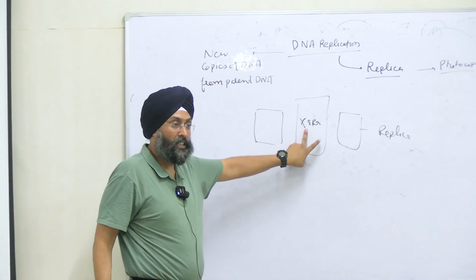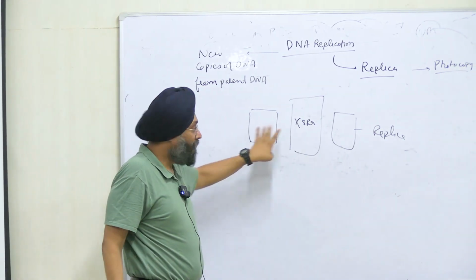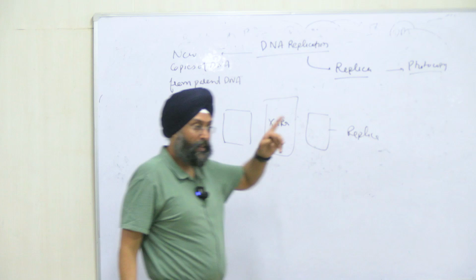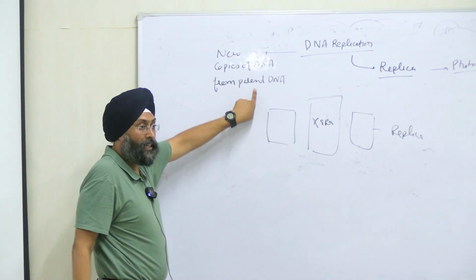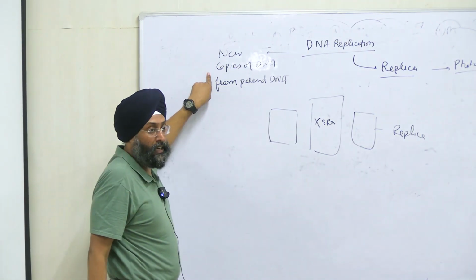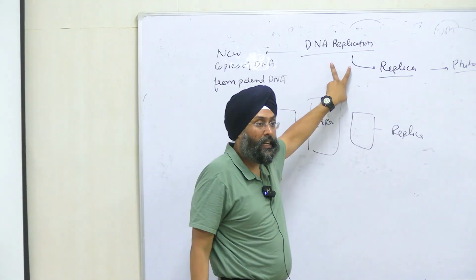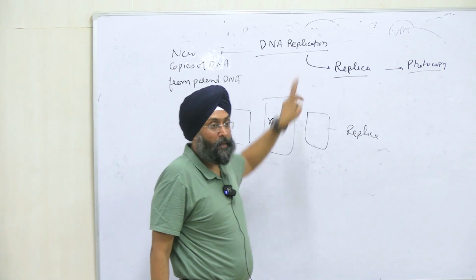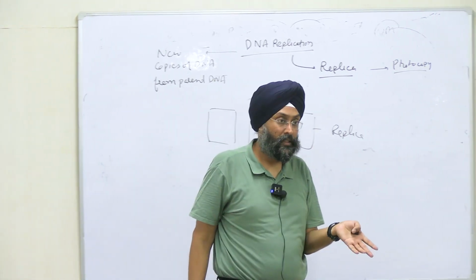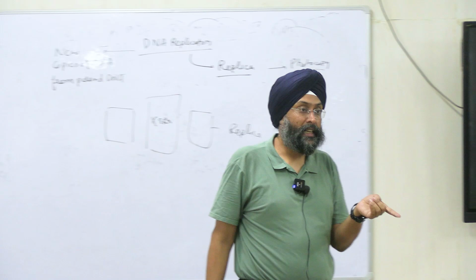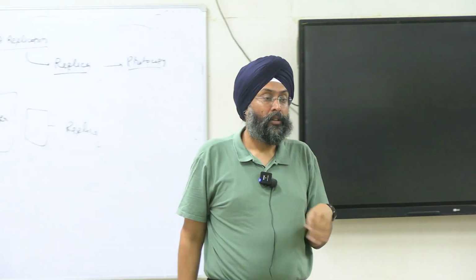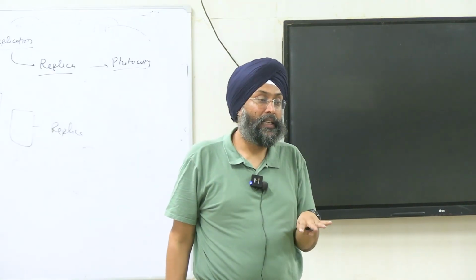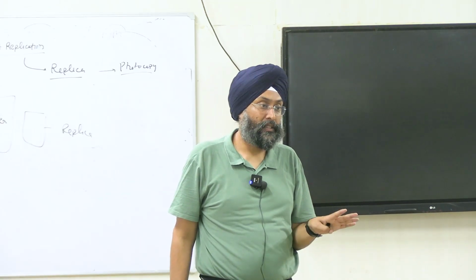Similarly, in the Xerox machine, when you put an A4 page and you get a replica, in the same manner, from a parent DNA, you form another copy of DNA. It is known as DNA replication. Any doubts? Replication means to form a replica, right? To form new DNA from parent DNA, or daughter DNA from parent DNA, is known as DNA replication, right?